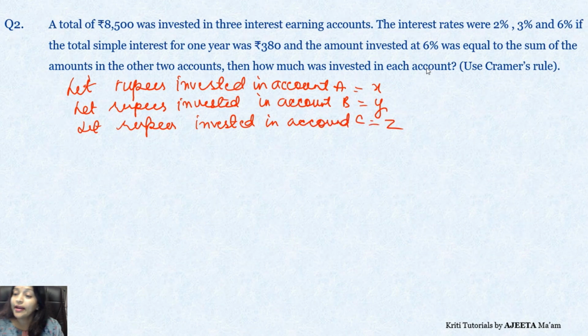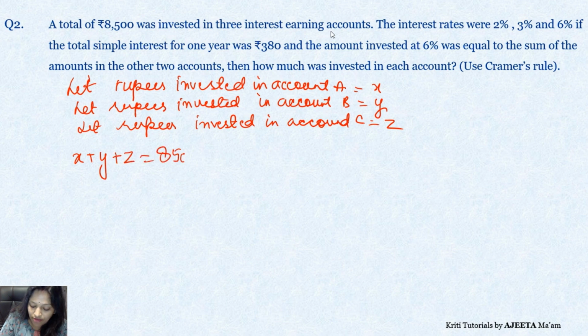Now let's frame the equations. The first line says a total of 8,500 was invested in the 3 interest earning accounts. So what will be the first equation? The first equation will be x plus y plus z is 8,500. Right? Now the interest rates were 2%, 3% and 6%, and it was simple interest for 1 year and it was a total of 380 rupees.